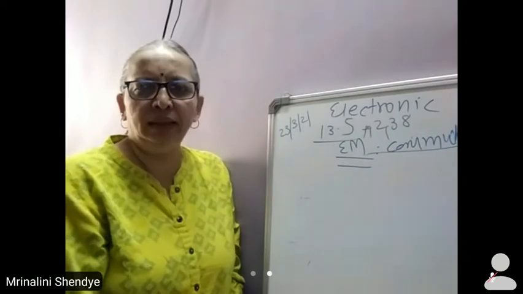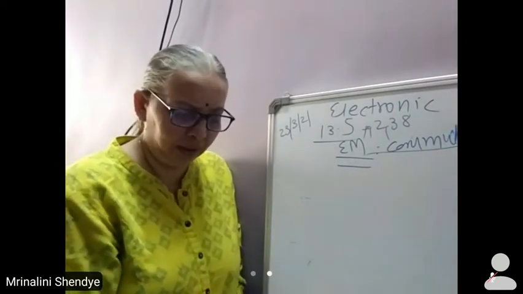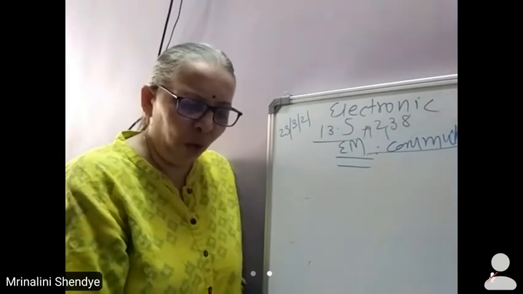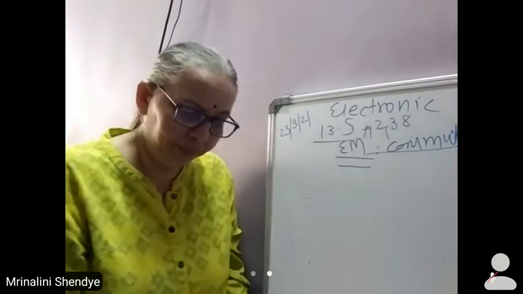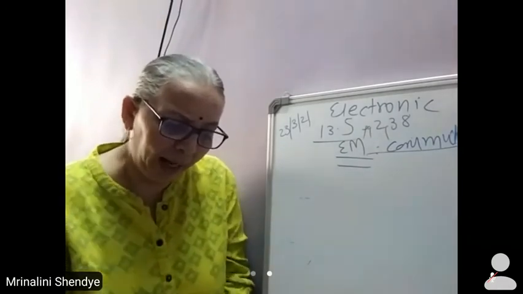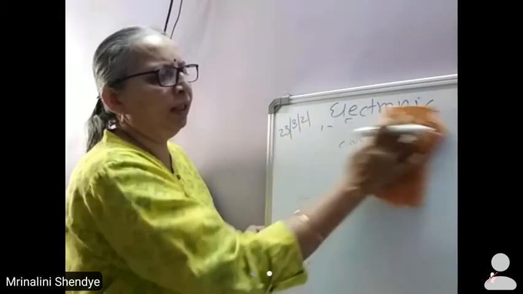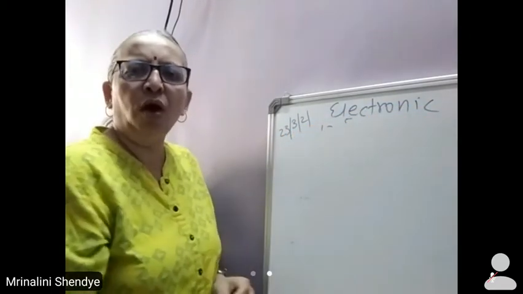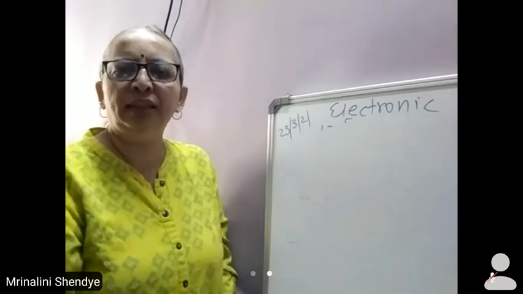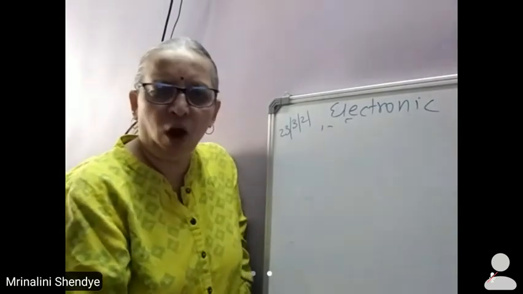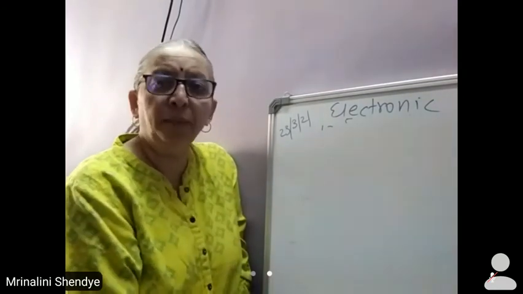Modulation is done. Superposition of information over high frequency wave is done, and that is called the process of modulation, but that is omitted for this year. So I won't go for point 13.6. Just read it on your own. We'll proceed further with the communication.